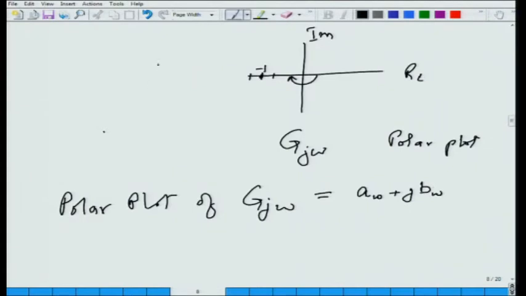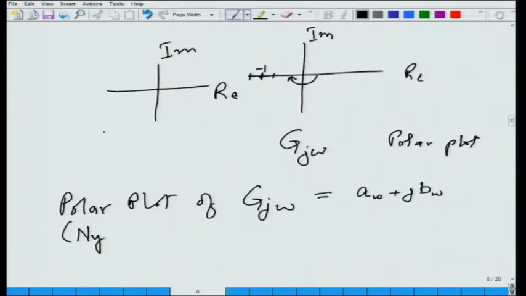So, the plot of the real and imaginary parts as omega goes from 0 to infinity, from low frequencies where the sine wave is really slow to very fast sine waves, is called the polar plot or Nyquist plot of a transfer function. Okay.